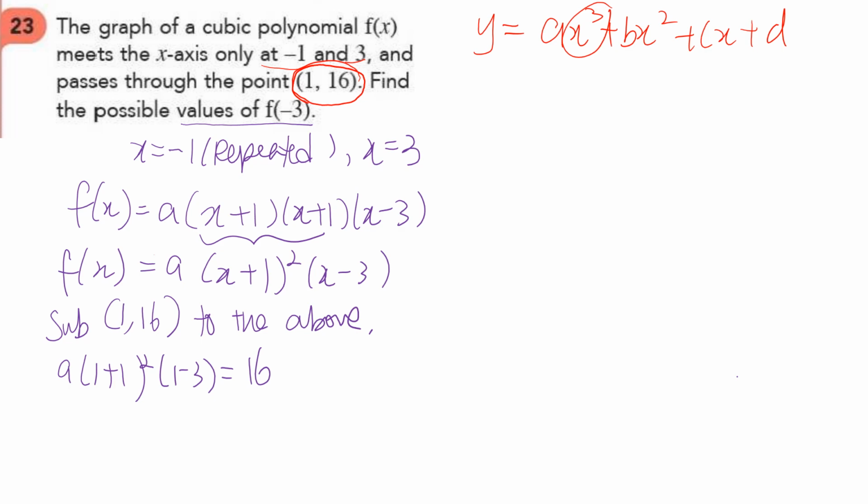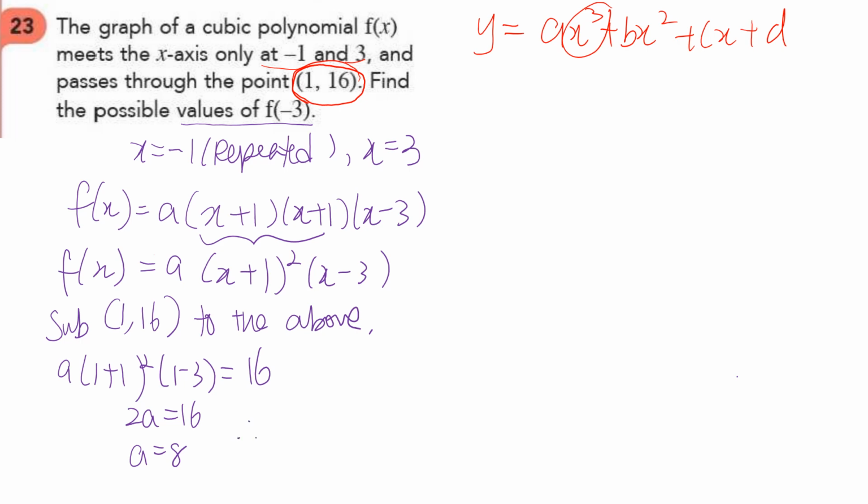So that will give us 2 squared for, oh my god, I can't think. Just use a calculator. Sometimes I really can't think, so just use it. So 1 plus 1 squared times bracket 1 minus 3, that's 2a. I mean, you can still think, just that you don't want to make a mistake. So a is 8.